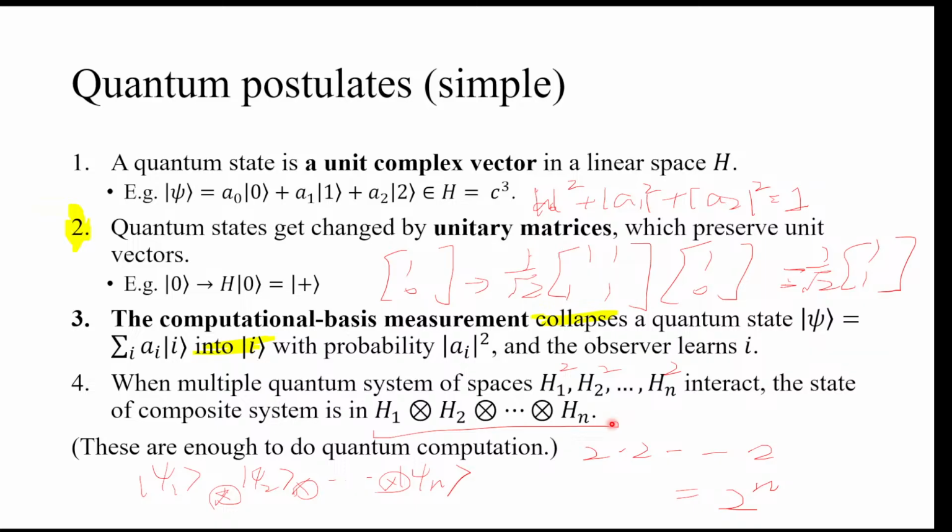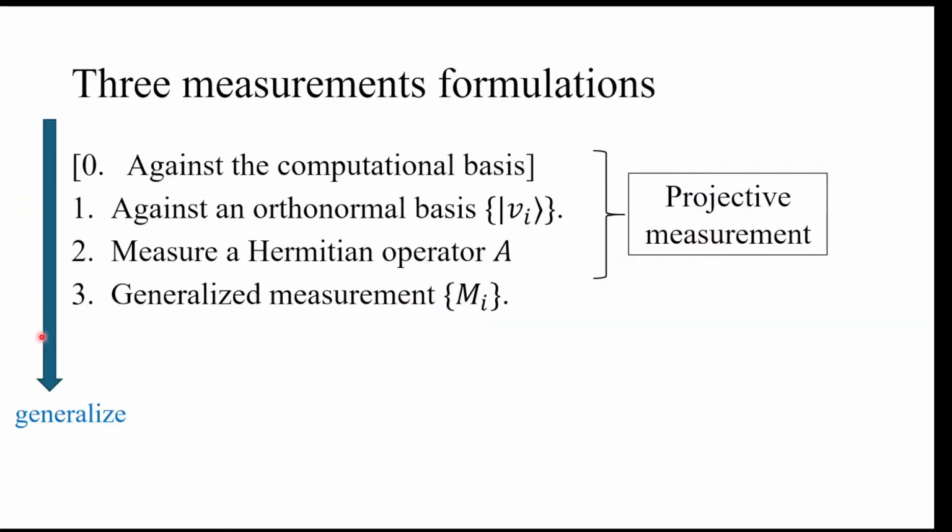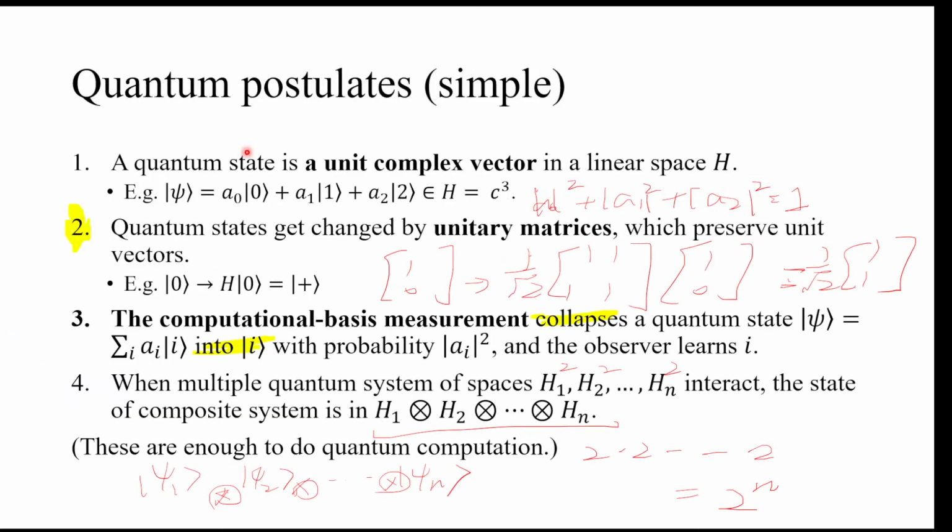But today we want to focus on measurement. Okay. And actually there are a lot of measurements that you can do. In this simple quantum postulate, we just talk about computational basis measurement.